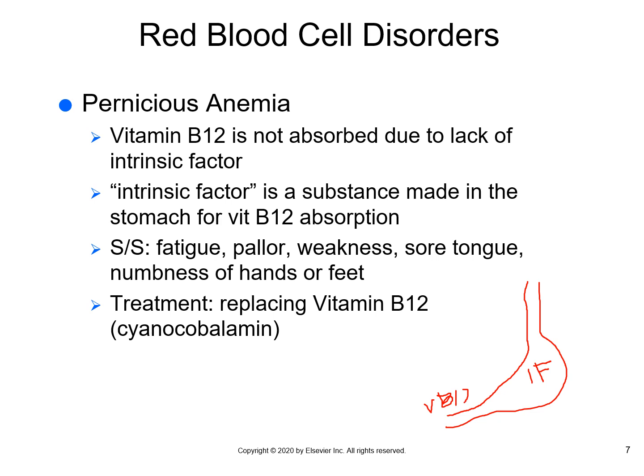Okay. So again, the intrinsic factor that is produced in the stomach is needed for the absorption of your vitamin B12 here in the intestine, okay? So if you don't have this substance, then the body's not going to be able to absorb vitamin B12 properly.